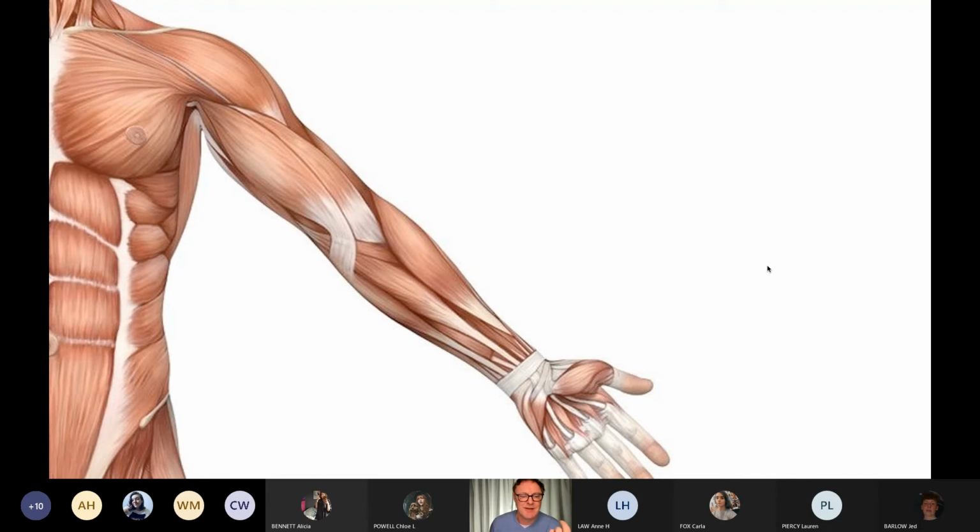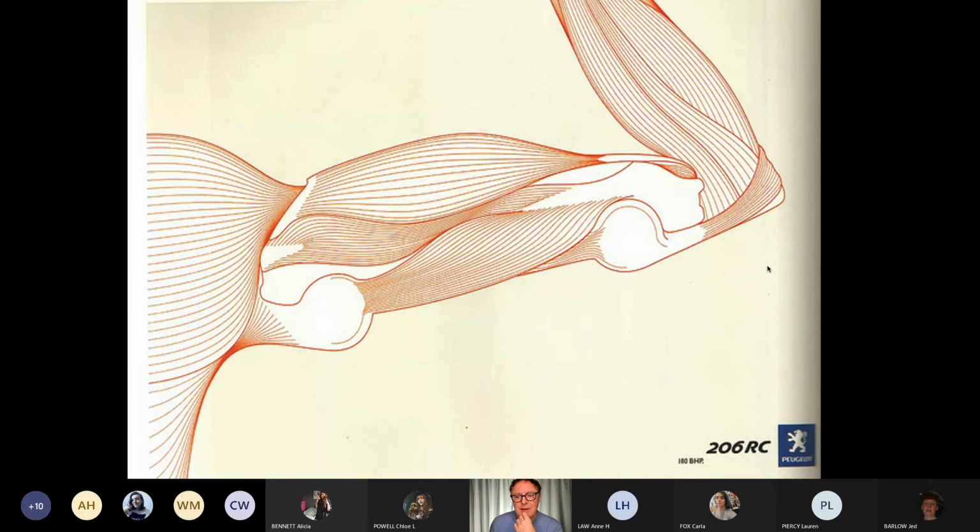And you think, how's that possible? Well, it is. And that was the campaign poster used for the launch of the Peugeot 206 RC.